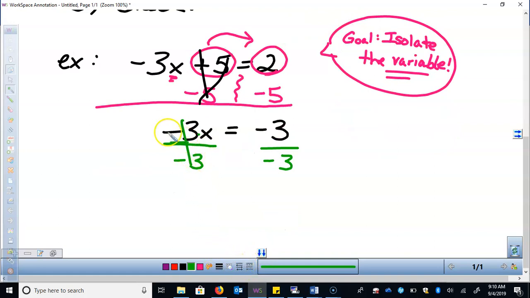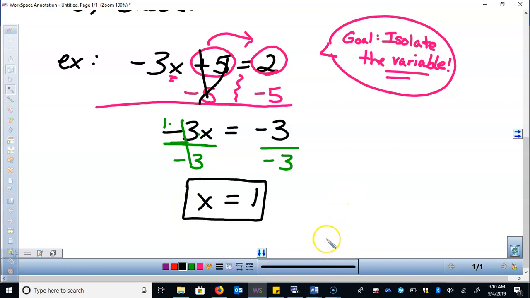Those -3's, -3 divided by -3 equals 1, and 1 times whatever x is still going to give us x. Now taking a look over here to the right-hand side, it's -3 divided by -3 again. And what does that equal? 1. Okay, do not say 0. That's a common mistake when we're thinking too fast, okay? All right, so in this case, x equals 1.